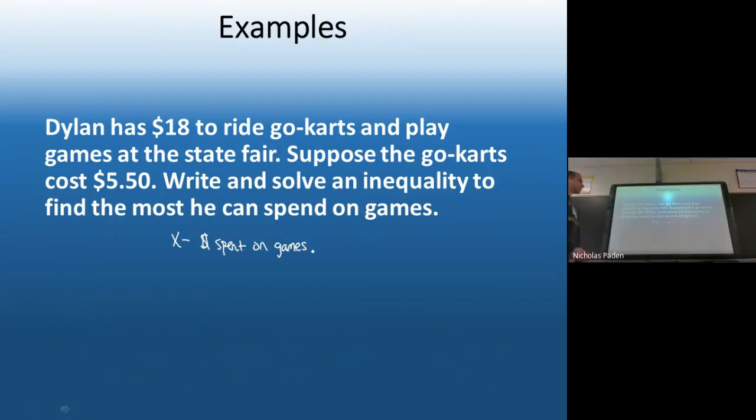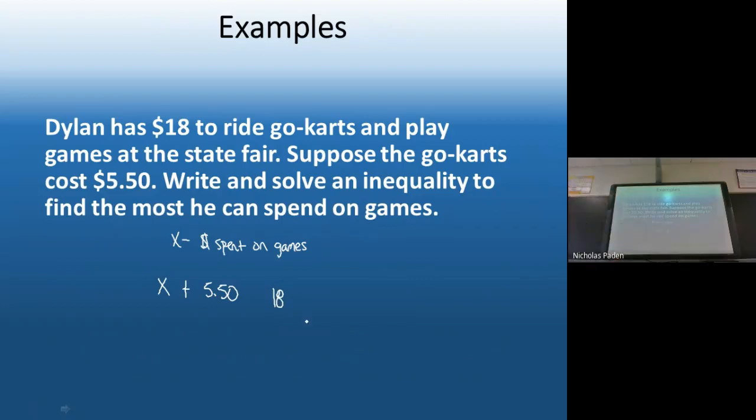Now, is there going to be a coefficient, a number in front of this x? Well, there is not, because think about it. He's going to spend x amount on games plus the $5.50 that he's already spent on go-karts. So x on games plus $5.50 on go-karts. On the other side of the inequality sign, I've got 18.